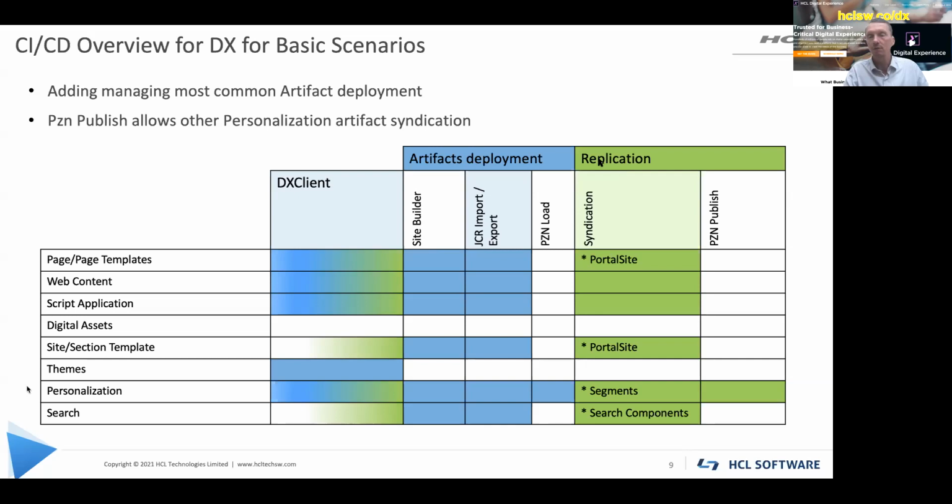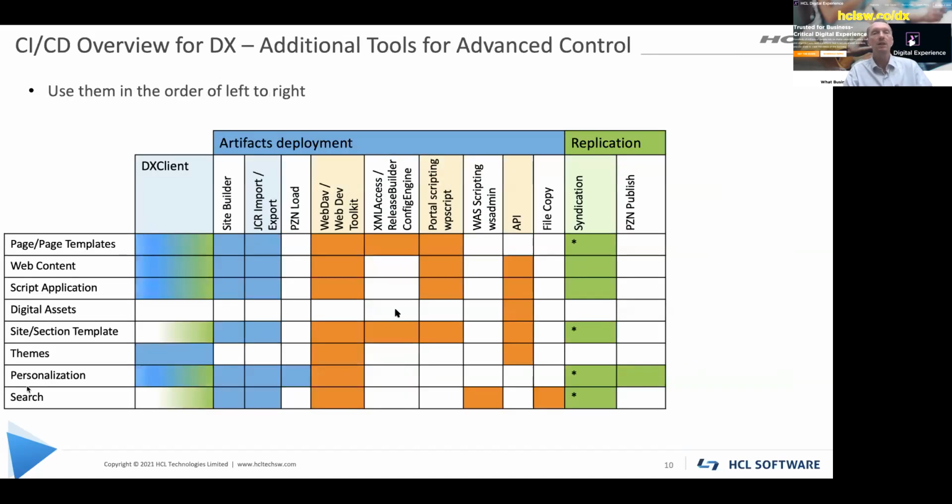And you see actually for the replication, next to syndication for WCM libraries, we have another tool called the PZN Publish, which actually manages the other rules than the segments that you can directly manage in a WCM library.